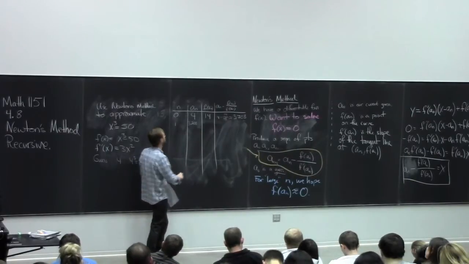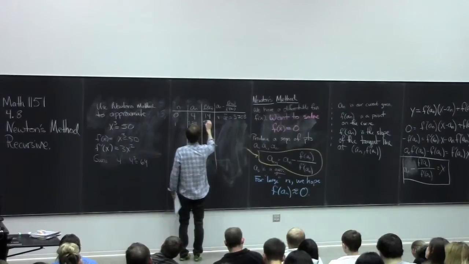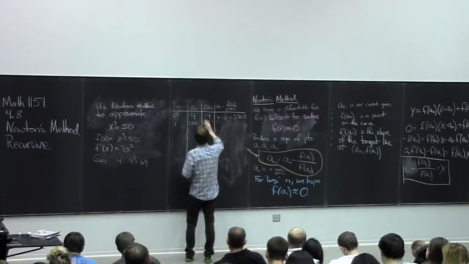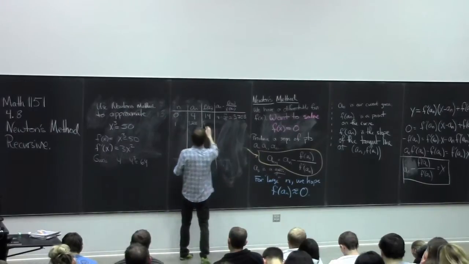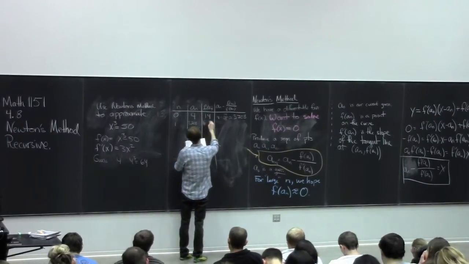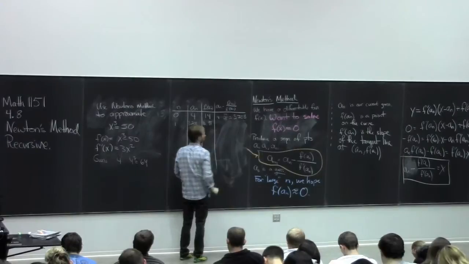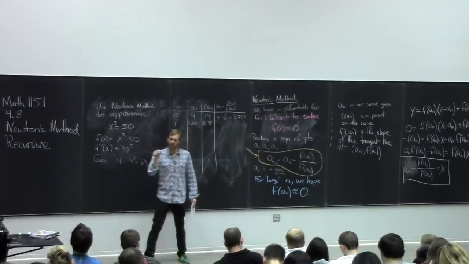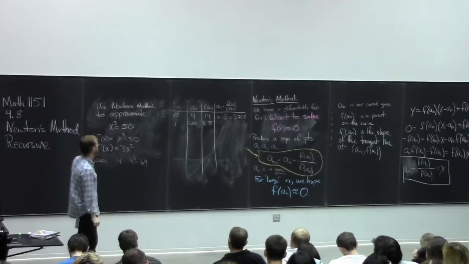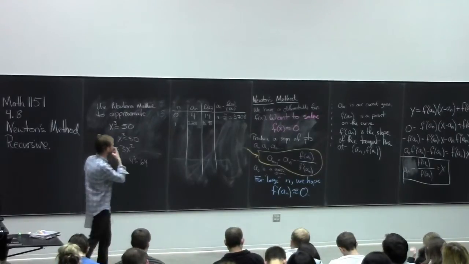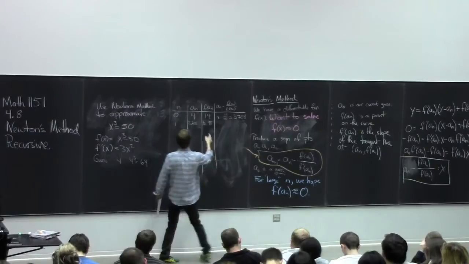Let's go ahead. Okay, so now, here we go. What is f of a_n? So f of a_n is about 0.98. We're only 0.98 off of the cube root of 50. And so what's this thing now?